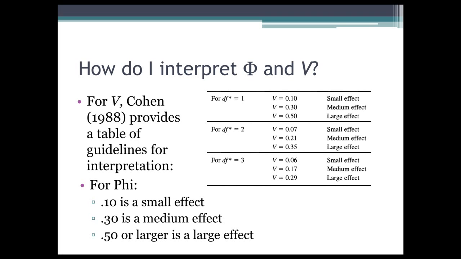You'll notice that phi and Cramér's V are pretty much dead on when you have a degrees of freedom of 1 that you're inserting into the equation for Cramér's V. So there's no difference there. It's when you get into larger degrees of freedom and more complex chi-square designs that they start to diverge.